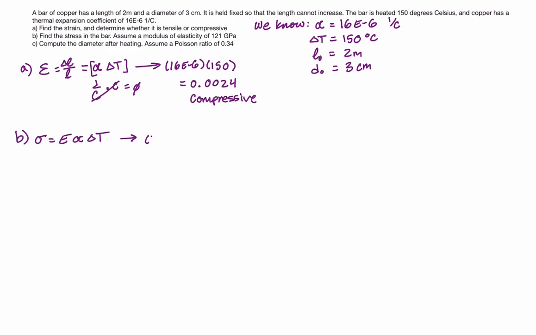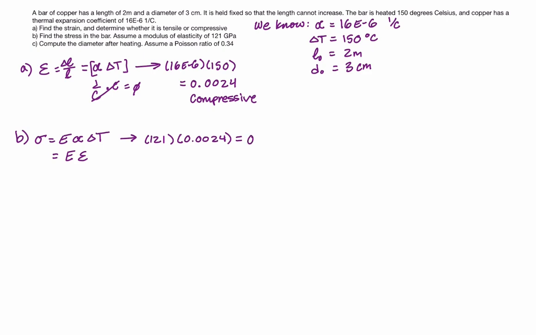So we've got 121 GPa, times 0.0024. Because we know that this is equal to this, right? And we already found our strain. And so we can go ahead and plug these in.